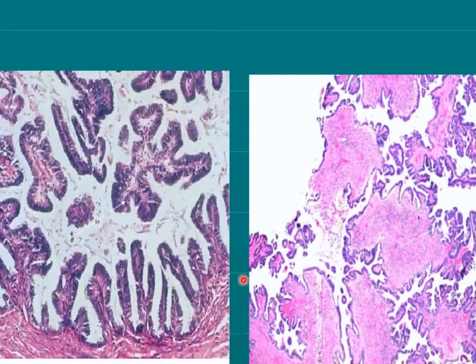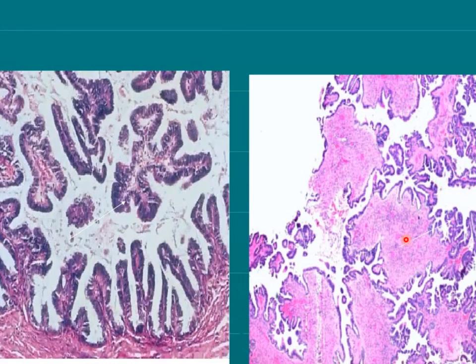Here you can also see the stroma that is not infiltrative, and the lining cells show papillary structure somewhere, and at focal areas they show stratification and papillary configuration.